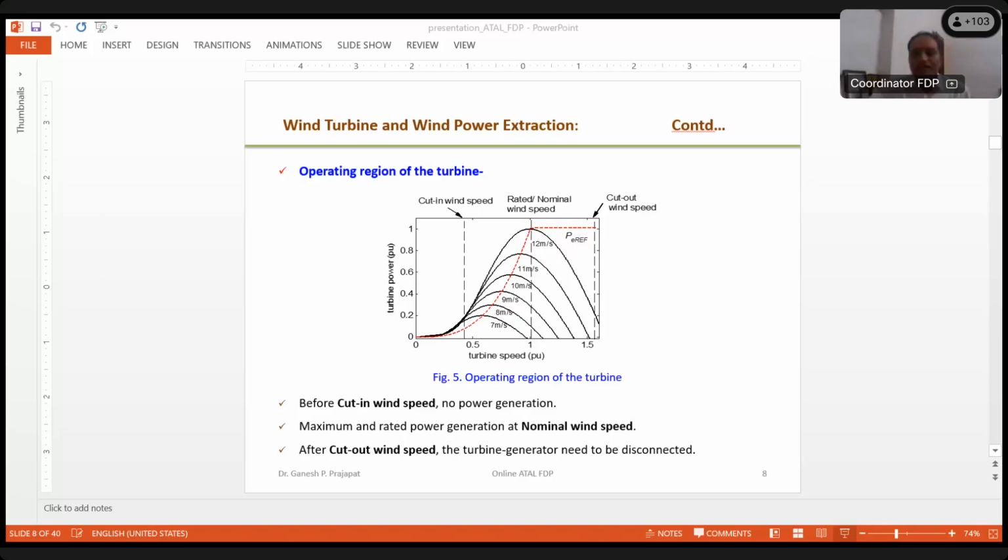Now someone may think, how can you connect a wire to a rotating generator? If someone is from the electrical side, they know very well that we have a brush and slip ring arrangement.